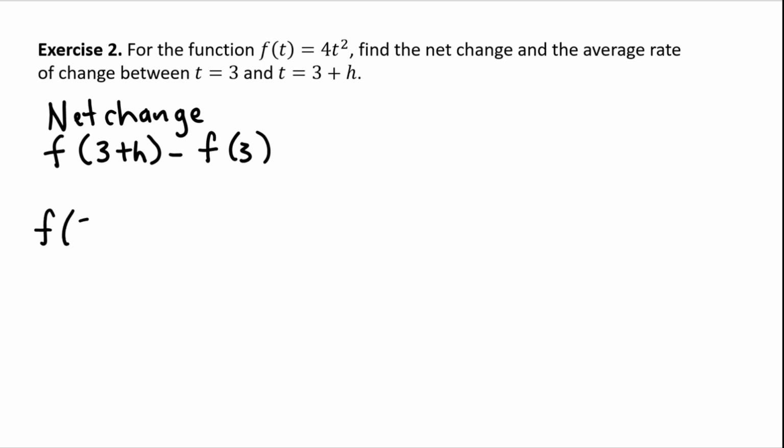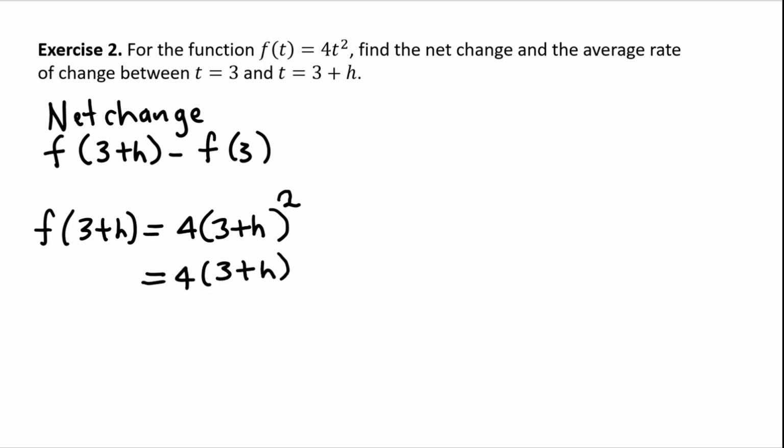For f of 3 plus h, in the given function you have 4, where t was, put in 3 plus h, and square it. As a reminder, 3 plus h squared means 3 plus h times 3 plus h. There is no distributive property of exponents over binomials.